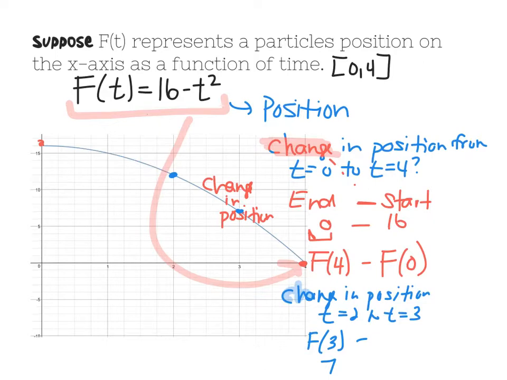And at F of 2, which is where I started on this interval, that position was 12. So I decreased on the x-axis by 5 units. Again, it's very easy to do questions about change in position, especially if we are given the position function.